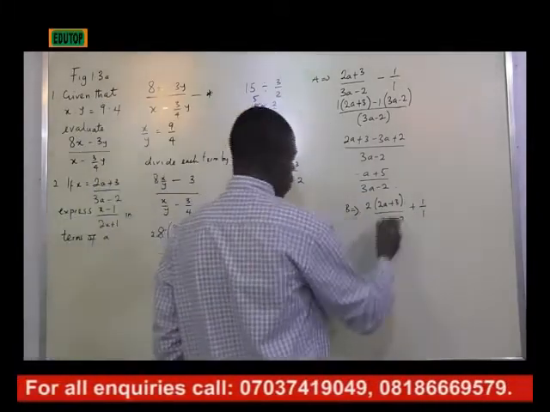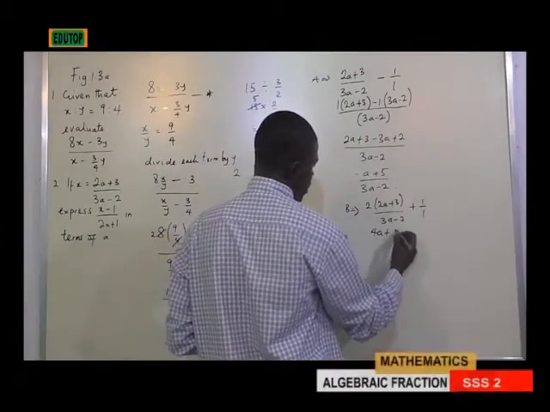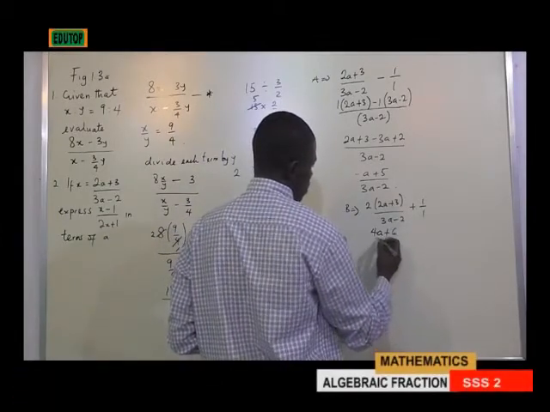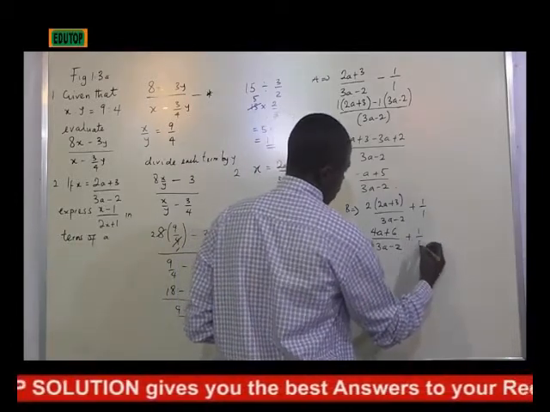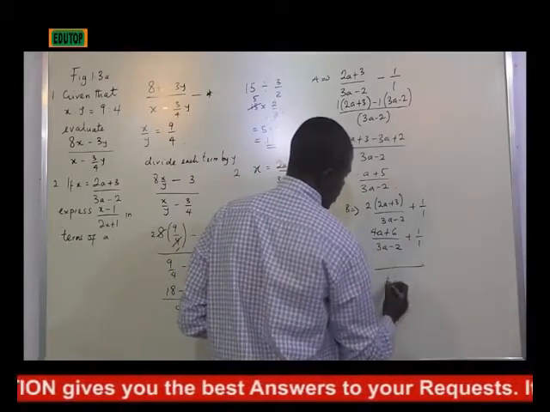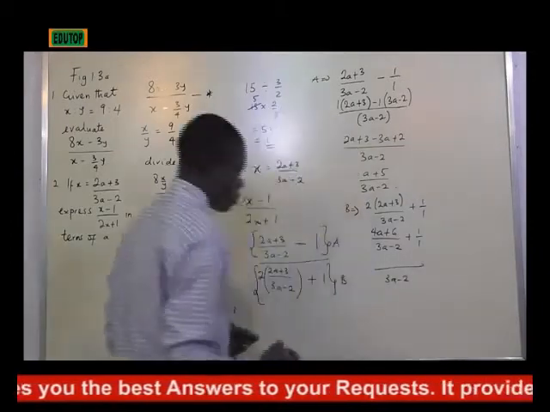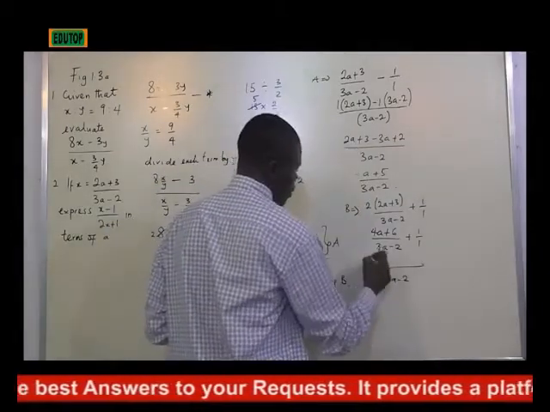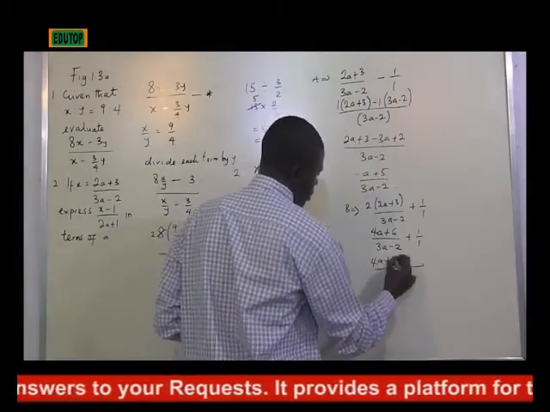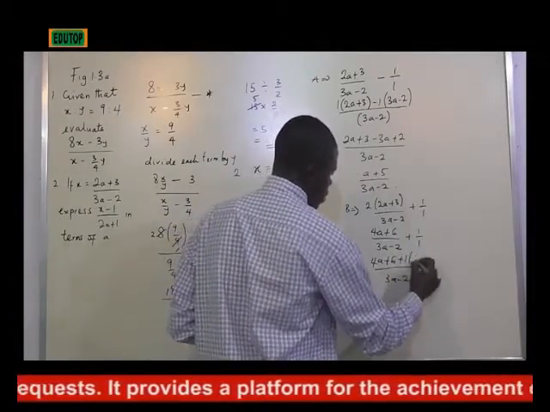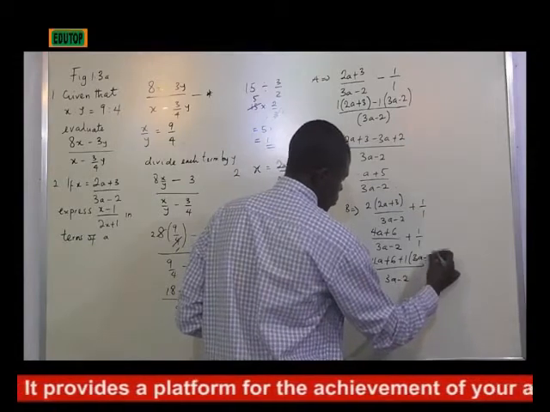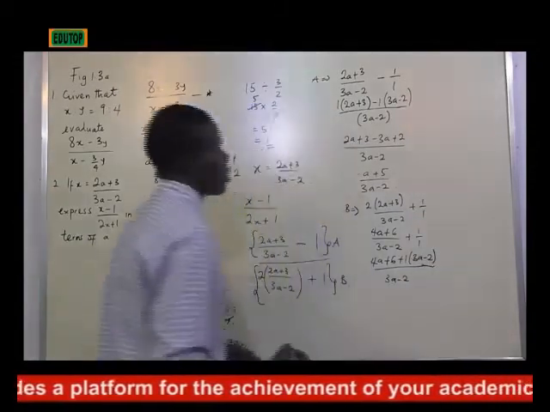If I open this up, I'll have 4a plus 6 over 3a minus 2 plus 1 over 1. LCM, 3a minus 2. This in this, 1 times this, 4a plus 6, plus this in this, plus 1 into 3a minus 2.